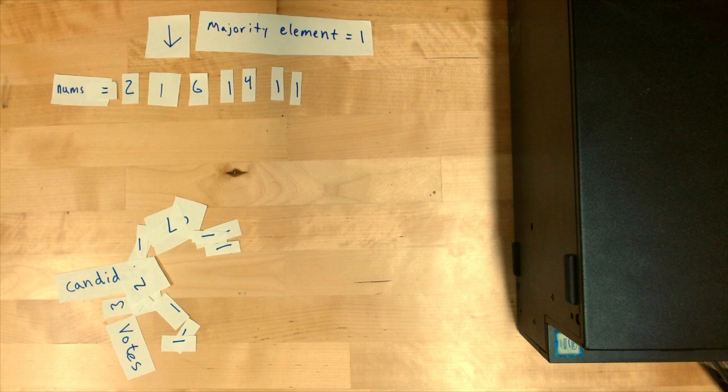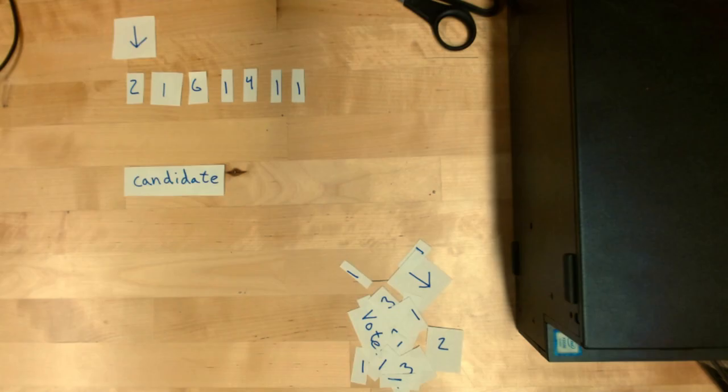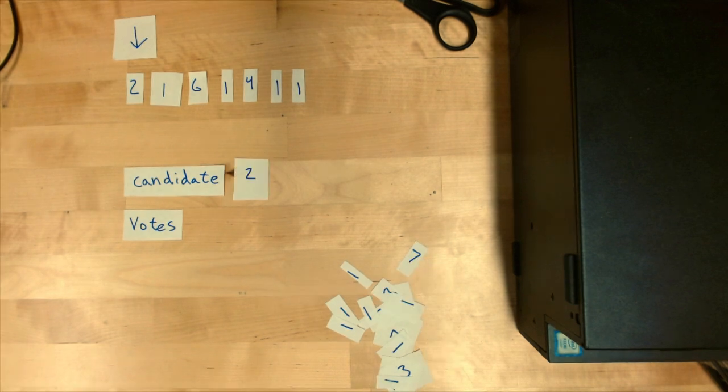This algorithm enables us to find the majority element in O of n time and constant space. We're going to iterate through our list, and at each element, we're going to check if the candidate equals the current element. If it does, we're going to increment its votes.